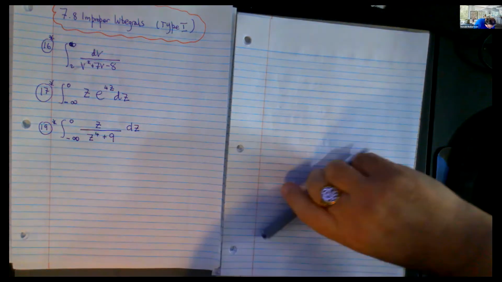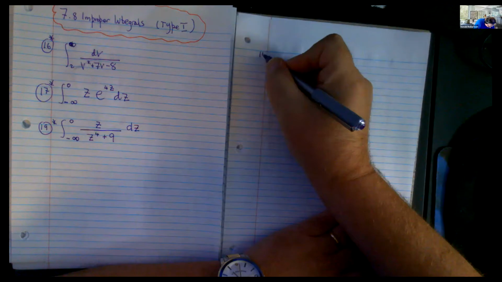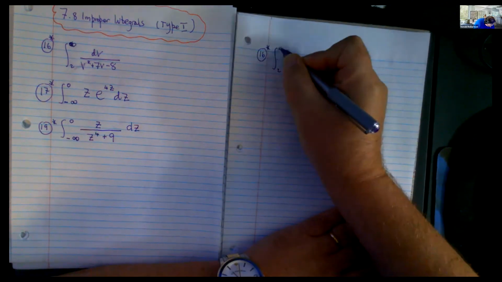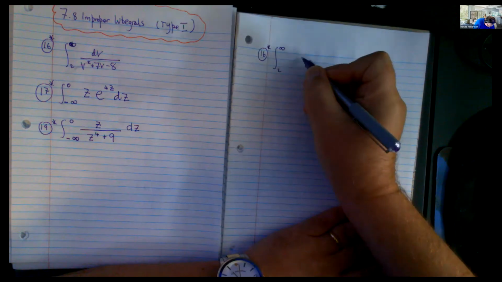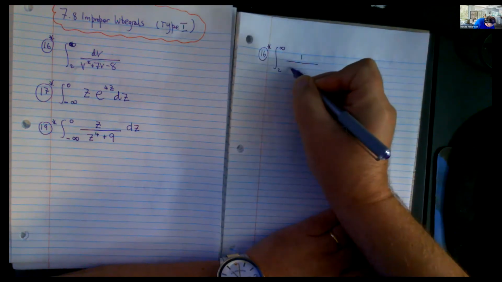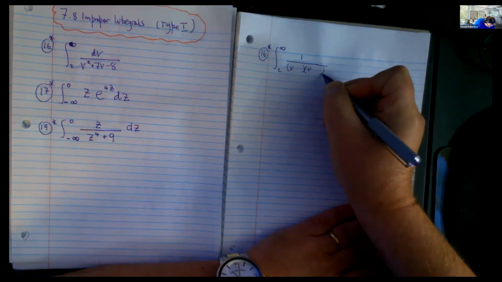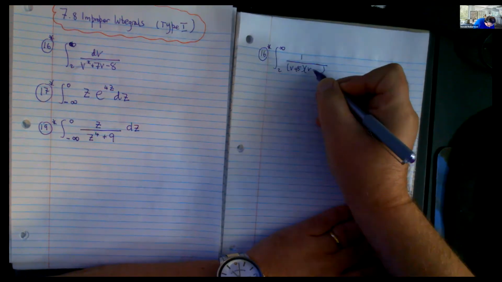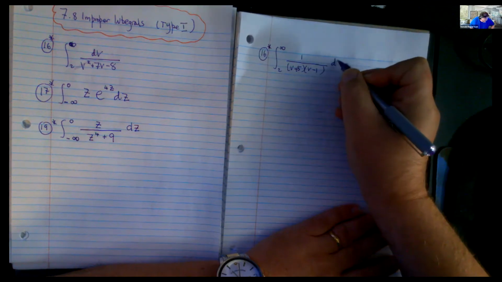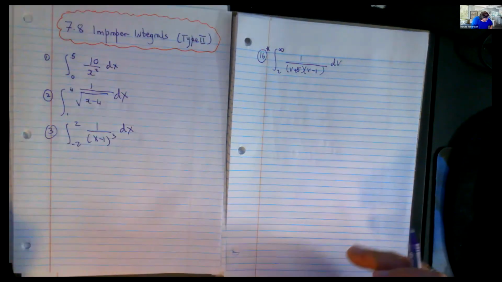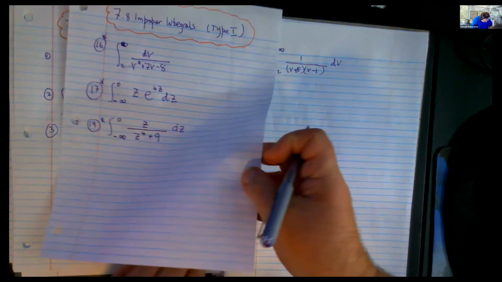So I'm going to jump right into a version of question 16, which is the integral from 2 to infinity. I would probably rewrite it, and while I'm at it, factor. Okay, we need to have strategies, right?